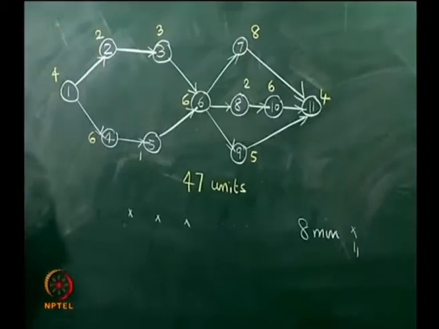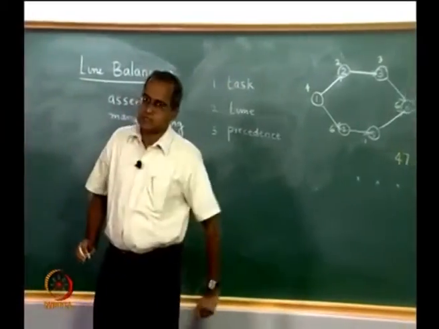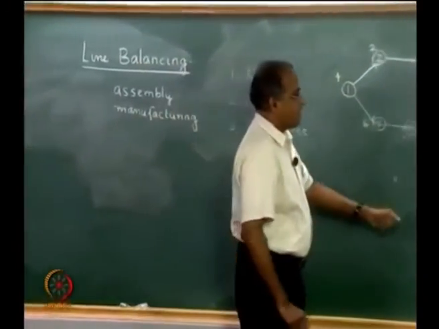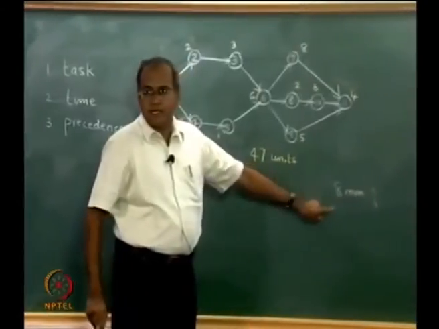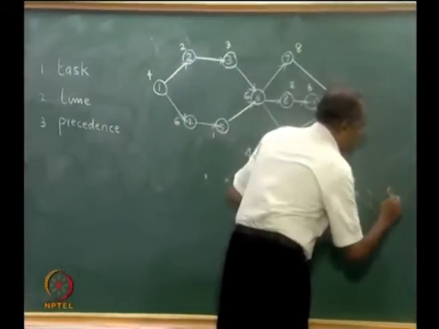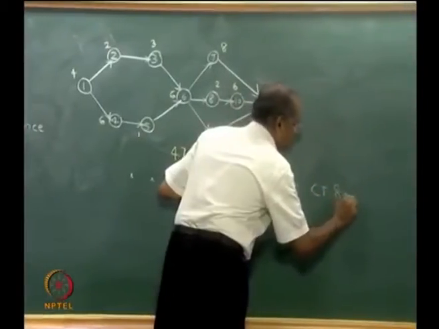So, if we have sequential workstations and each workstation is carrying out one task, so with 11 workstations we will have an output every 8 minutes, and that is called the cycle time. So, the cycle time in this case will be 8 minutes.